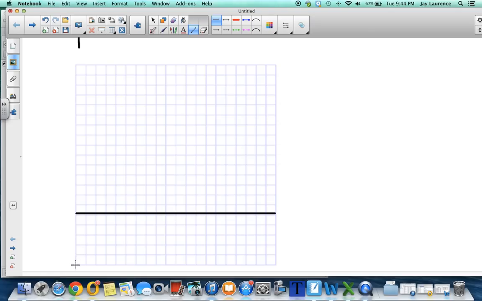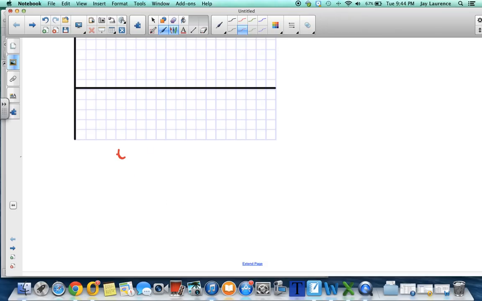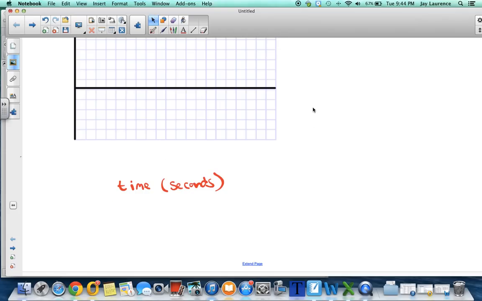And the x-axis is going to be the time in seconds. I should lower this a little bit, give myself some room.